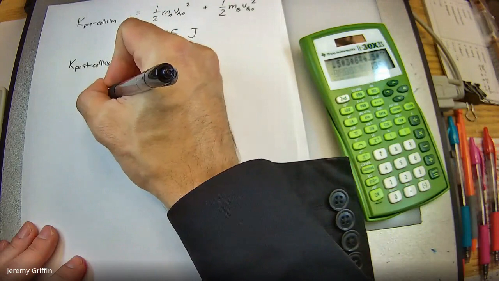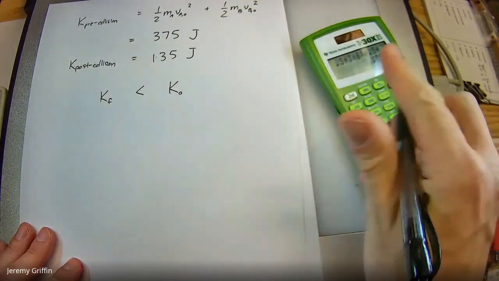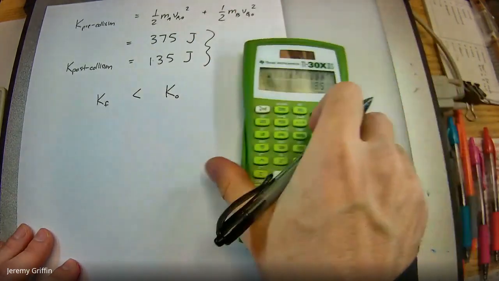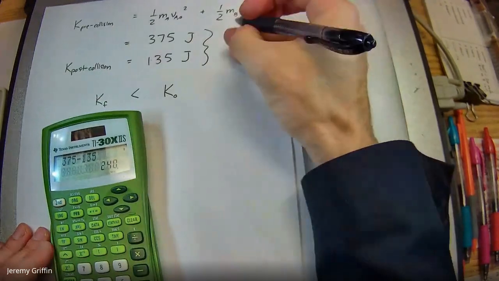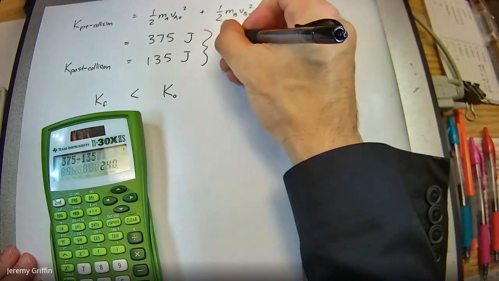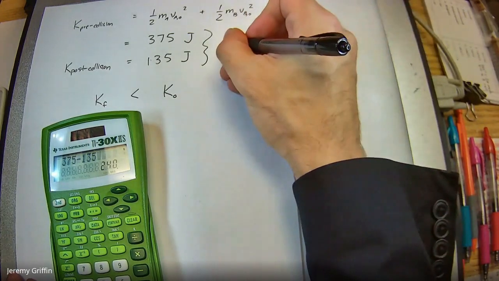So the final kinetic energy is actually less than the initial kinetic energy. What is 375 minus 135? We're missing 240 joules. So 240 joules went somewhere.